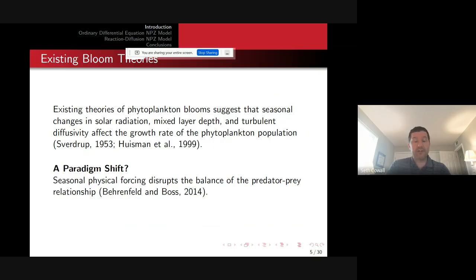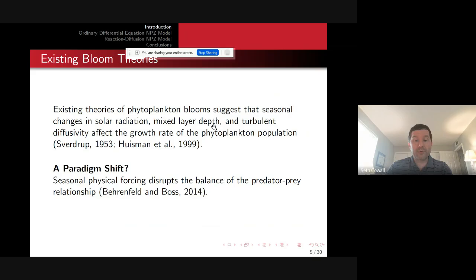Things such as changes in solar radiation. The sun's more intense in the summer than it is in the winter, at least in the high latitudes. Changes in turbulent diffusivity, seasonal changes in mixed layer depth.